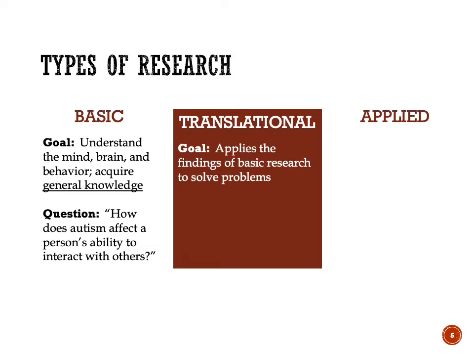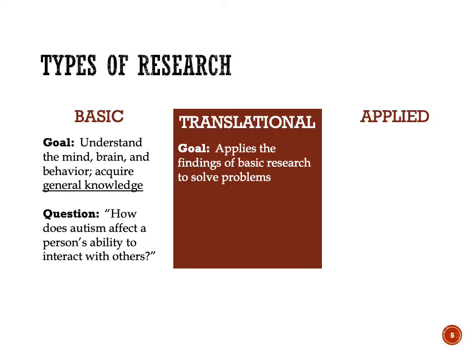Translational research, here we're thinking about how that knowledge can be applied. How can you use what you've learned in basic research to solve real world problems? For example, if the basic research has shown that people with autism have trouble interacting with others because they often have trouble reading body language, you might think about how you can apply that knowledge.